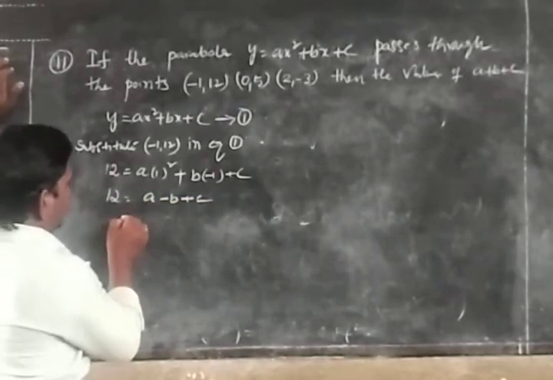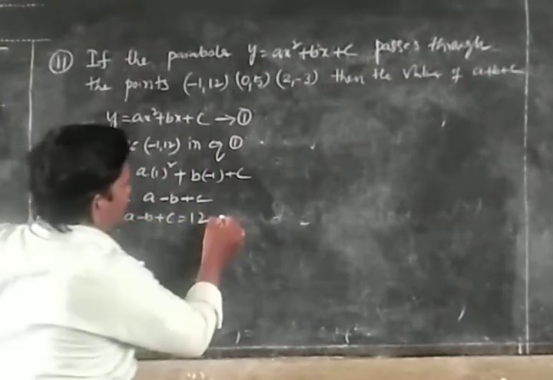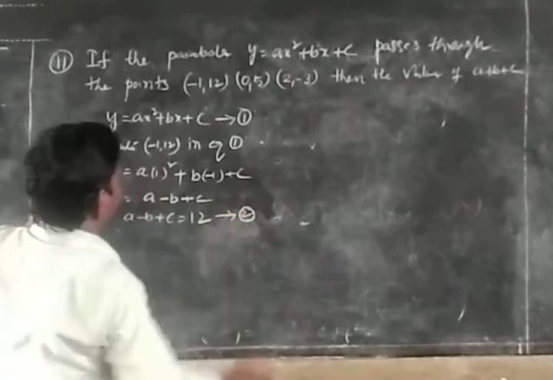Okay, now a minus b plus c equal to 12. This is equation 2.